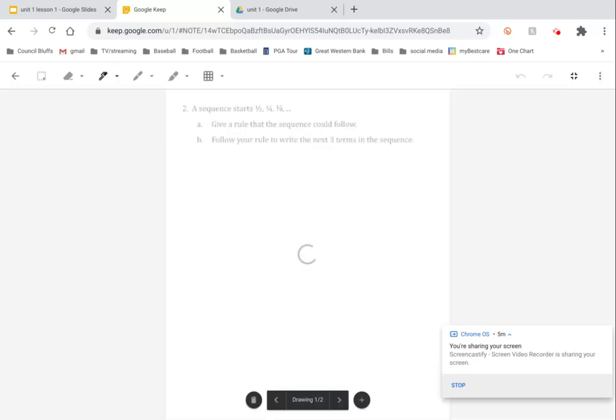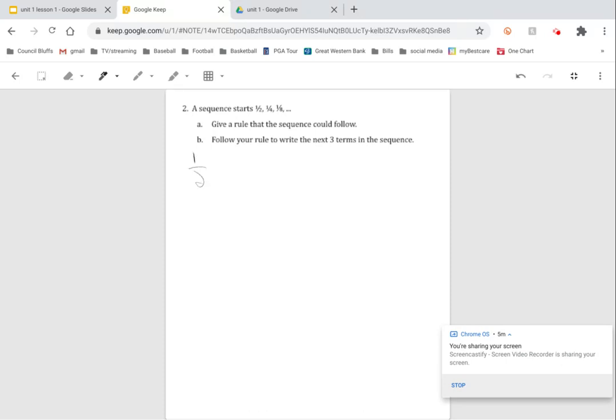Example number 2, a sequence starts 1/2, 1/4, 1/8. Give a rule that the sequence could follow. Now, you'll notice it looks like we're multiplying the denominators by 2, while the numerators are staying the same.